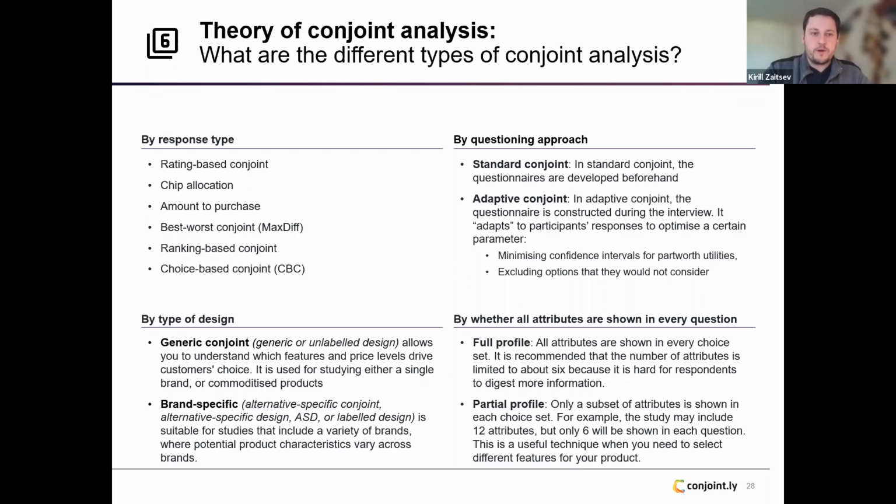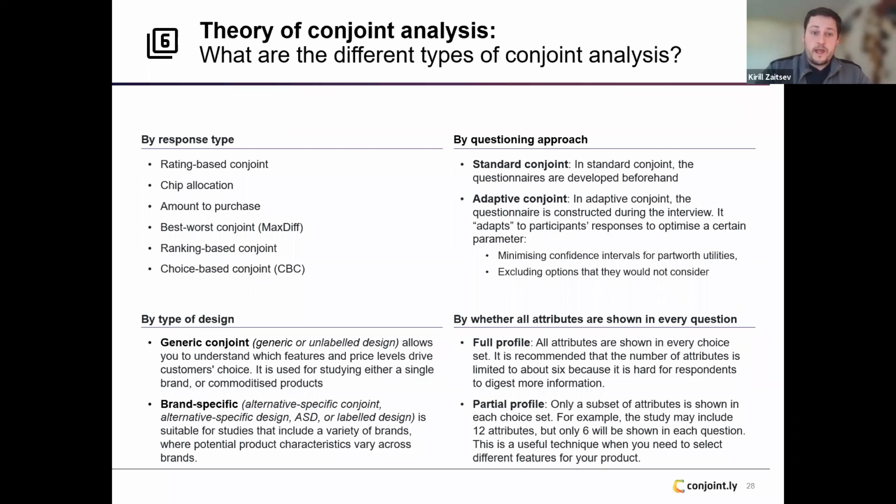An easy example is if you have different phones, you might have different features that are available only on Android or only on iPhone. So we may have several attributes that could just not apply to Android at all, and we'd be able to set up a study to reflect that using a brand-specific conjoint.